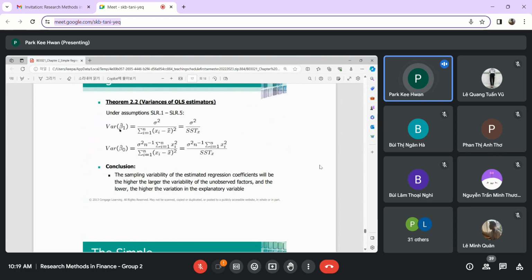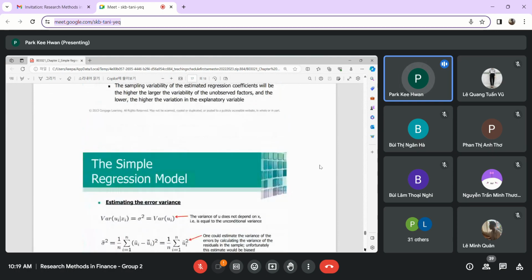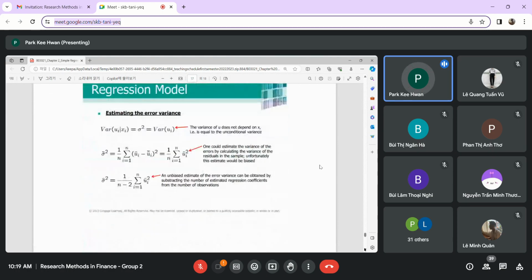To compute the variance of the slope parameter, we have to estimate this sigma square. We have to estimate the population parameter, which is sigma square. And how do we estimate it?